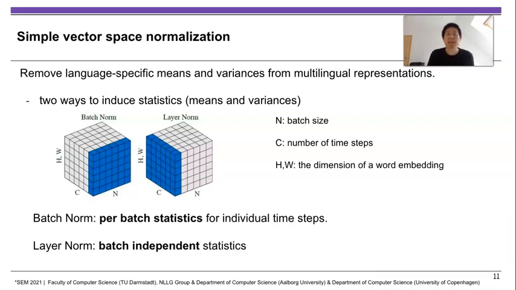To do so, we examine two ways, batch norm and layer norm, to induce such statistics, but I will skip the details of them. Instead, I will point out the difference between batch norm and layer norm. Batch norm induces per-batch statistics, which means the mean and variance vary a lot across the choice of batch size. But layer norm induces statistics that are independent of batch size.